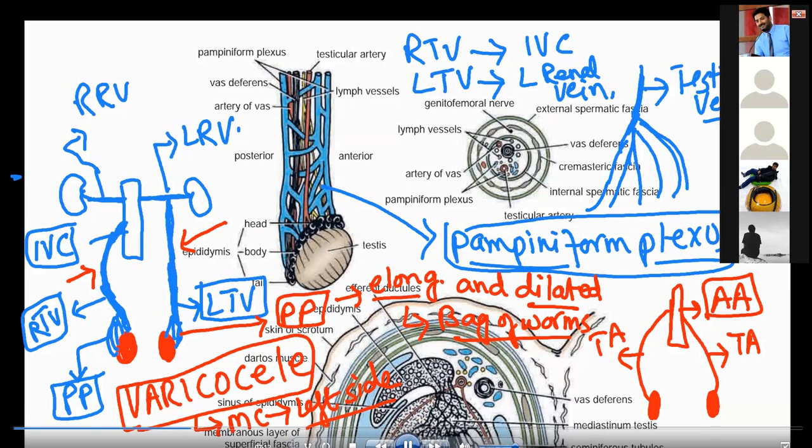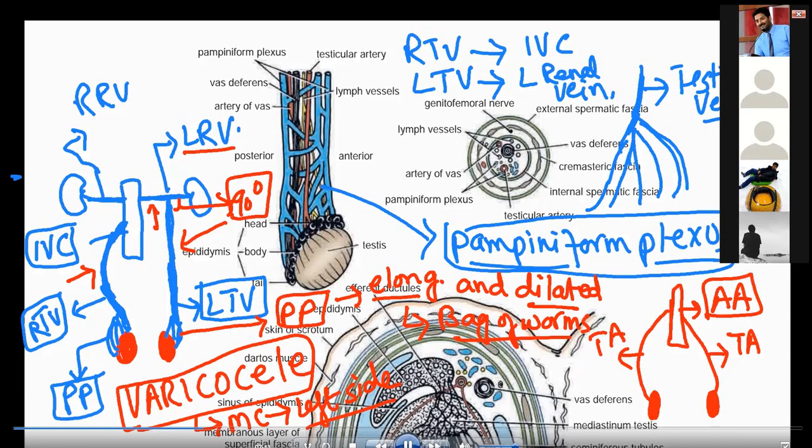Because it is a very large vein, please remember, there will be low pressure. But the left testicular vein is draining the blood into the left renal vein, and in the left renal vein the pressure is high, and the vein which is draining here forms a 90-degree angle. So that's why, please remember, sometimes there is a formation of varicocele.